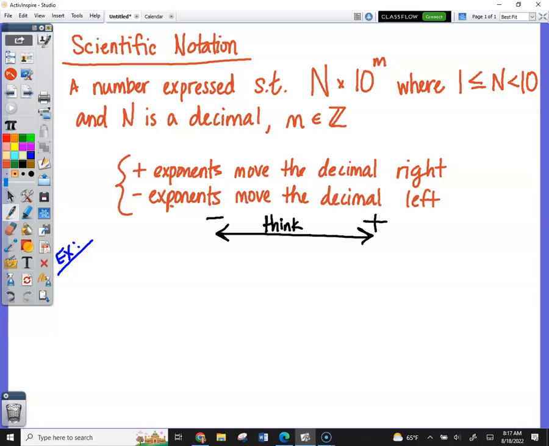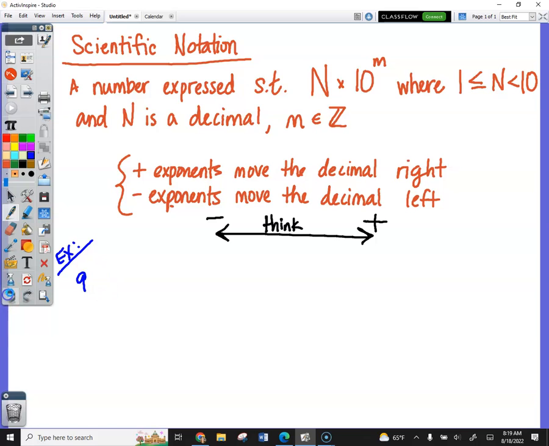If it's in expanded, you're writing it in scientific. Okay, so this is scientific.